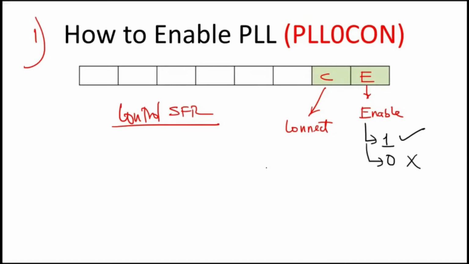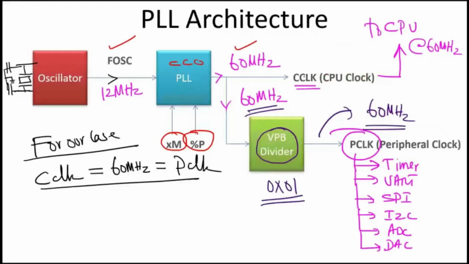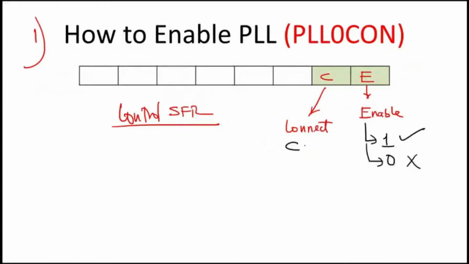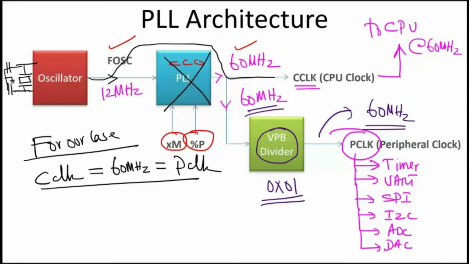What is the connect bit? It decides whether you want this PLL to be connected to the CPU clock, or whether the CPU clock takes the oscillator clock directly and supplies it to the CPU, which means the PLL is out of the chain. If you put connect equal to 1, the PLL block is inserted into the chain, which means the PLL supplies the clock to the CPU.